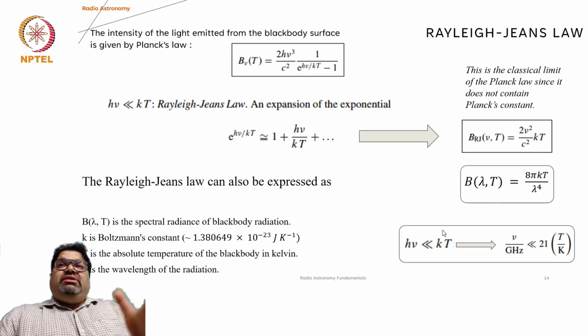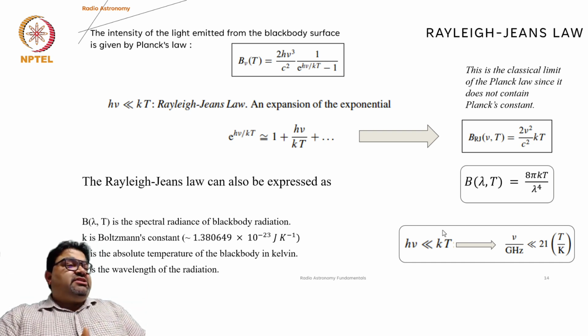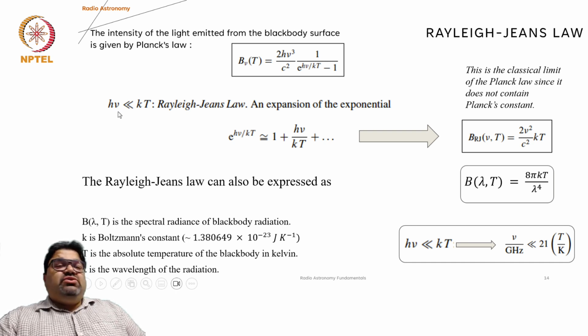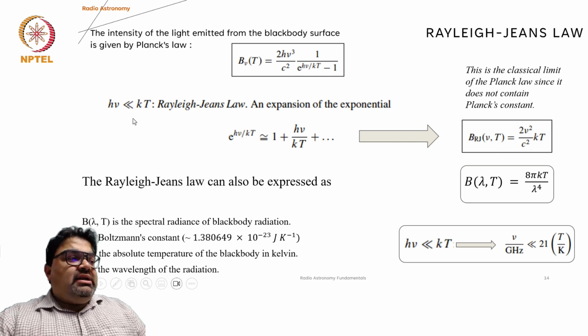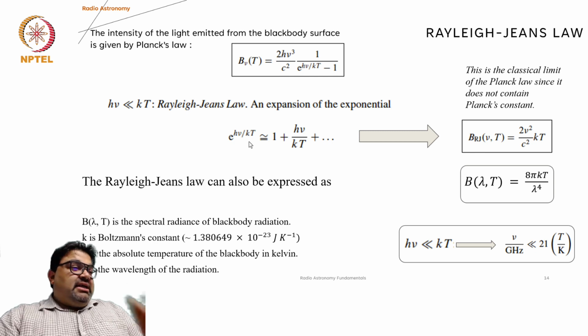Now, how do we derive the Rayleigh-Jeans law from Planck's law? We go back to the spectral radiance function, which is given by the one in the bracket, and we note that if h nu over kT is very, very much less than 1, or h nu is very much less than k times T, then you can expand this in terms of an exponential series and retain only the first term.